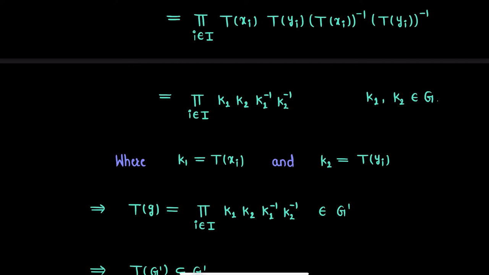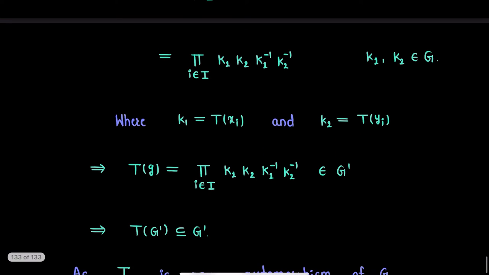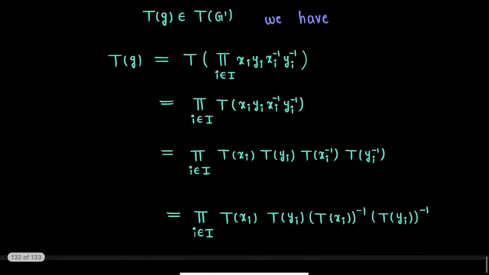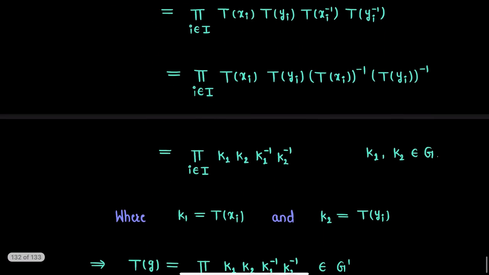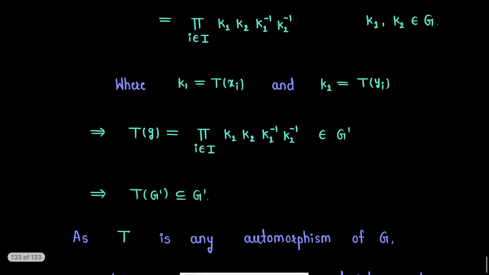Thus we have T(g) is equal to the product k1 k2 k1 inverse k2 inverse for i in index set I, and therefore from the definition of G' we have T(g) is an element in G', and thus as T(g) is an element in T(G') and also T(g) is an element in G', we have T(G') is a subset of G'.